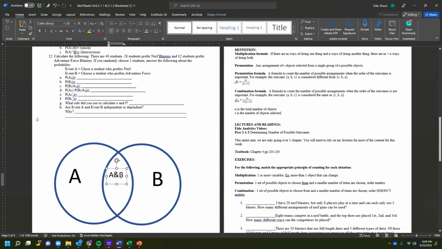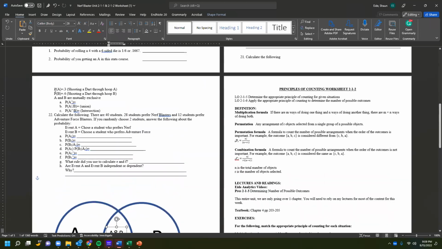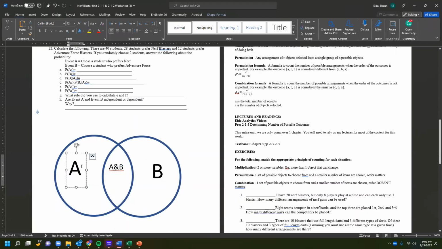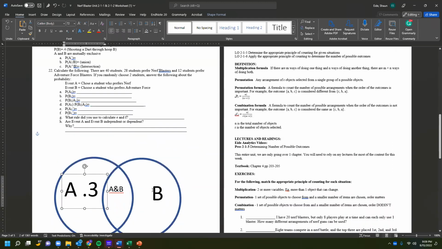Okay, so first of all, we've got the probability of somebody shooting a dart through hoop A. We're labeling that as 0.3. And then the probability of an individual shooting a dart through hoop B is going to be 0.4. So we're going to put 0.4 right here.